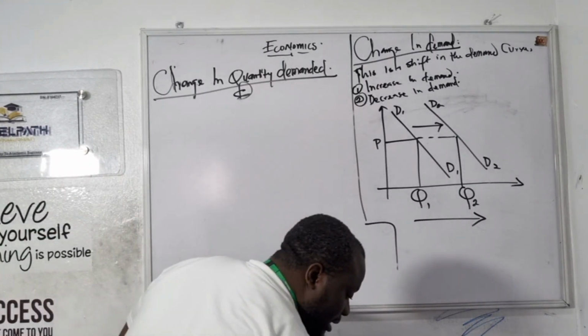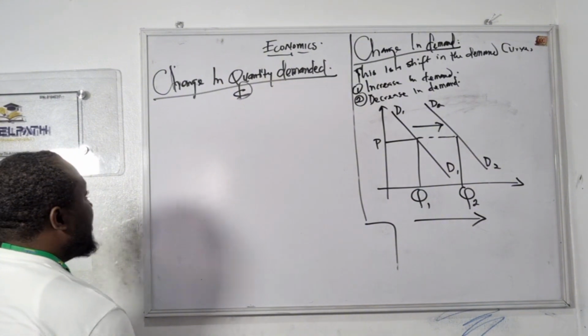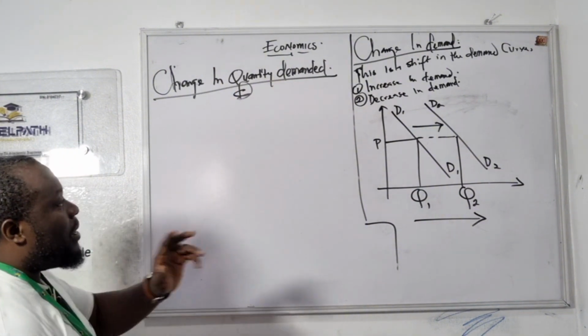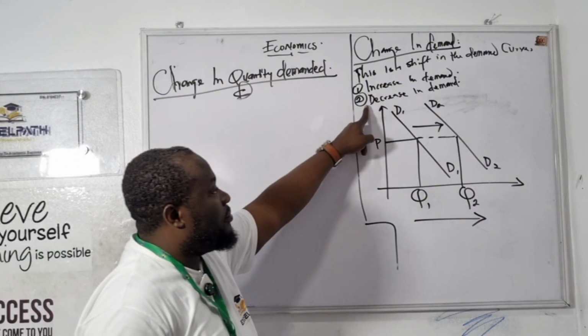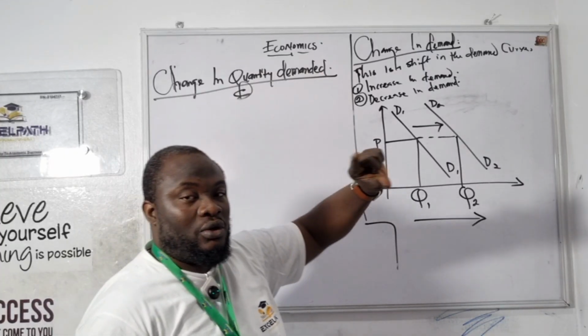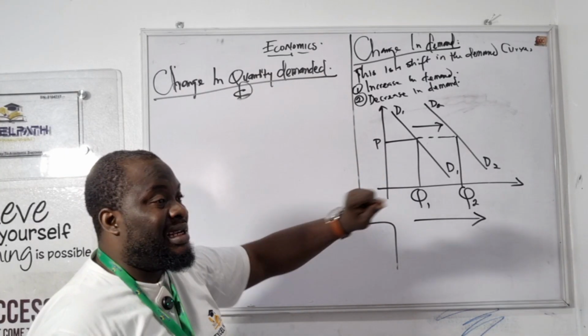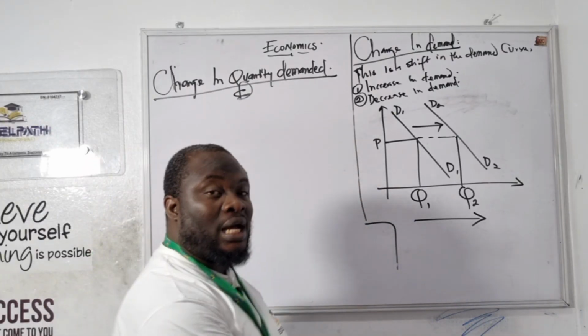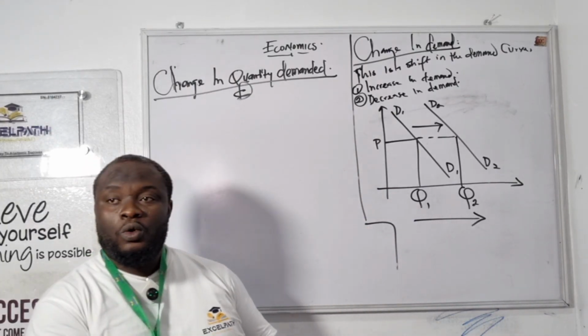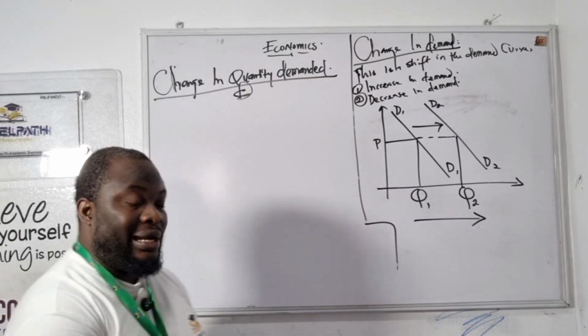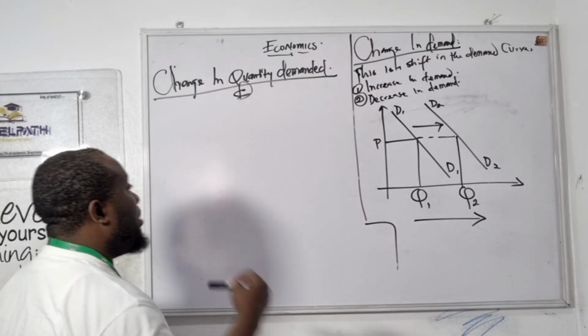He was now demoted, now earning 30,000 naira per month. Now, in this case, that factor, which is income of the consumer, is unfavorable to Mr. A. Someone who earns 1 million per month now earns 30,000 naira per month.